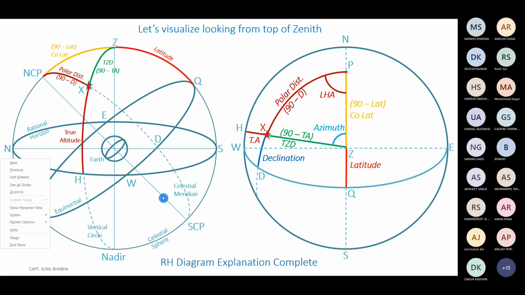If it is on the top half of the celestial sphere, then it will show up somewhere in this NESW rational horizon diagram.